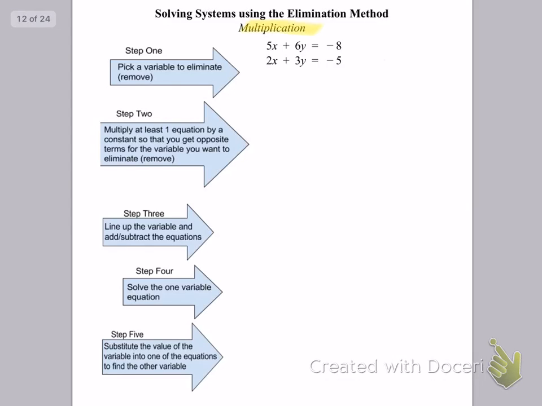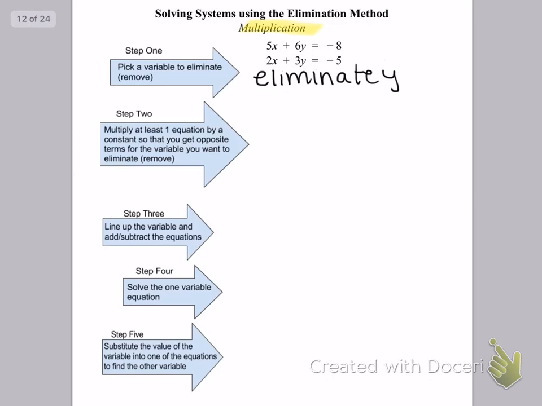Those are a little easier to work with because we know that we could get one of the y's equal to each other. A little easier than 5 and 2. So for this problem, I'm going to eliminate y. And hopefully throughout this video, you guys will start to pick up on which one to eliminate.